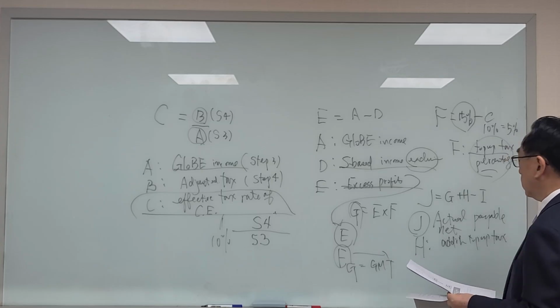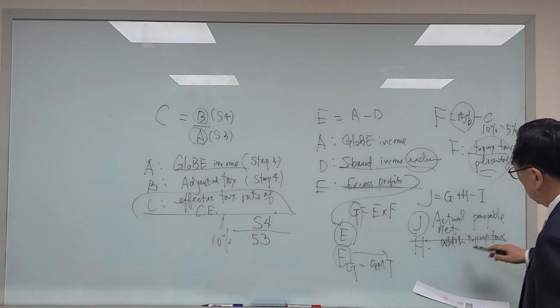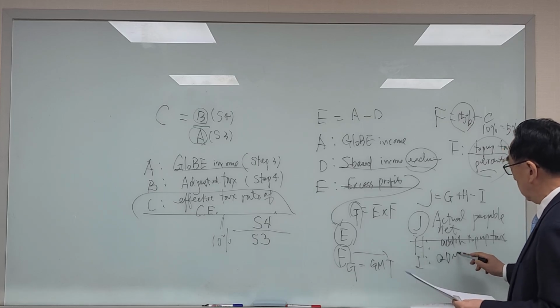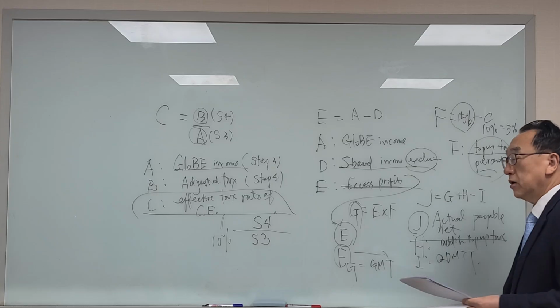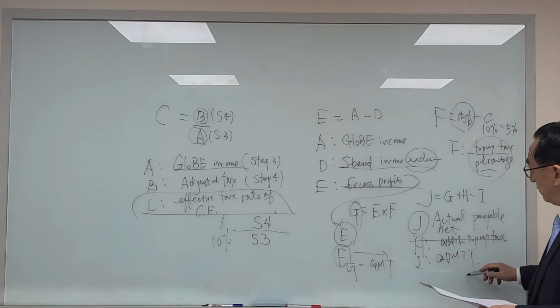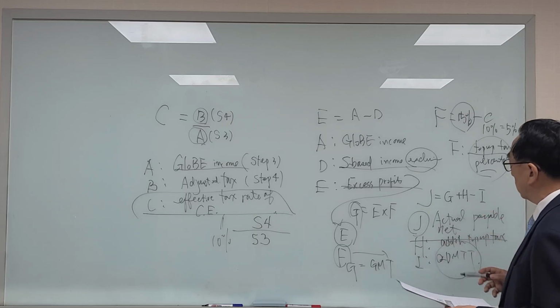In some cases, the additional top-up tax can be computed, but this is rare. And I equals the QDMTT. So if the country applies the QDMTT, then QDMTT should be deducted from the taxable amount.